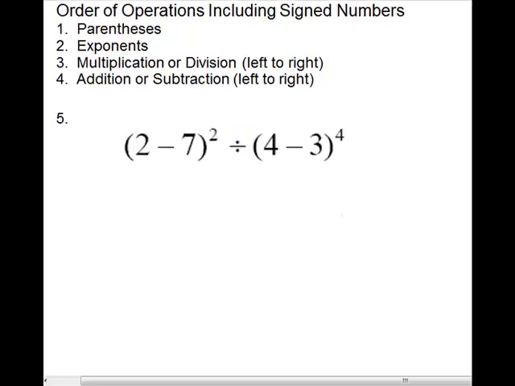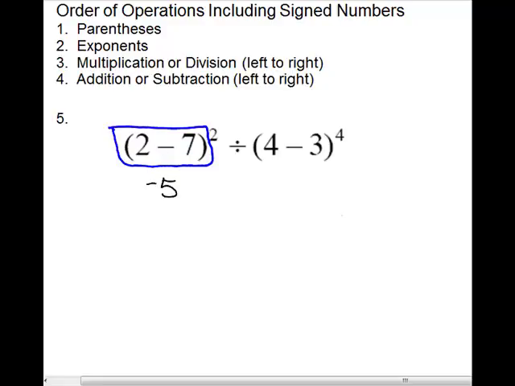For our next problem, we have two sets of parentheses. So level 1, but they're not inside each other. So we're just going to do them separate. You can do them on the same line. Notice your exponents on the outside. So we have 2 minus 7, or 2 and a negative 7. Different signs, subtract, sign of the larger.